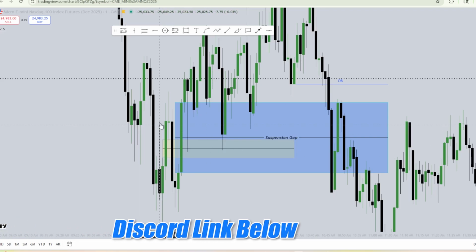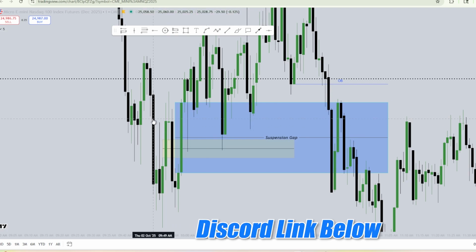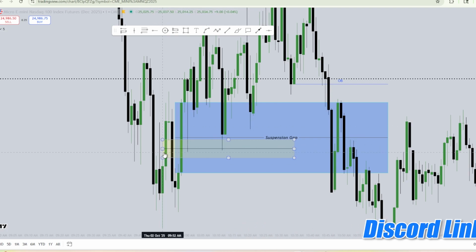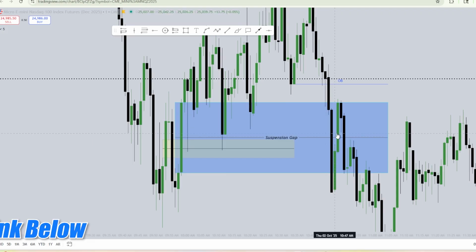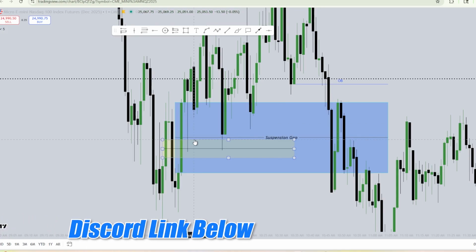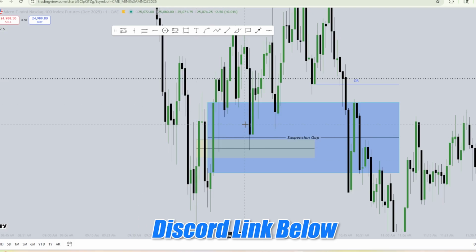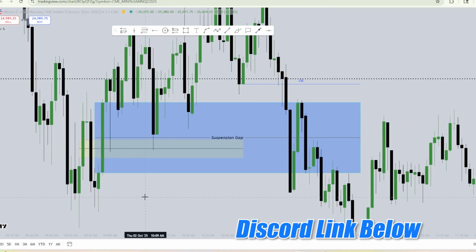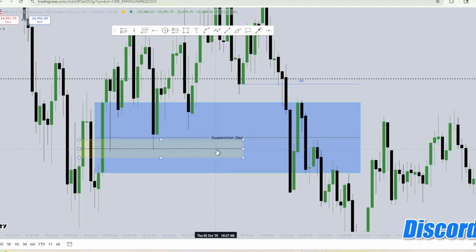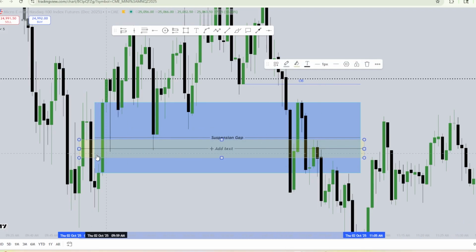Right, so just zooming out a little bit, we have a downside BISI, fair value gap, fair value gap, fair value gap, and then we got a bullish fair value gap, without including the suspension gap. My point is, when there's all this price action in here, if you do see a suspension gap within all this price action, the majority of the time I am going to grab the suspension gap. And the reason is, as you can see, as you draw this out in real time, say you're using this inverse, you can see that we respected the level just a little bit.